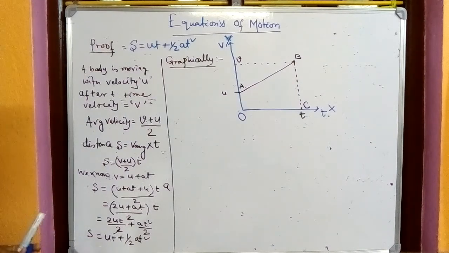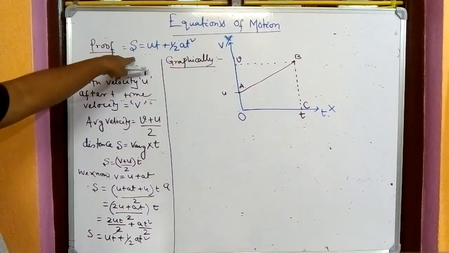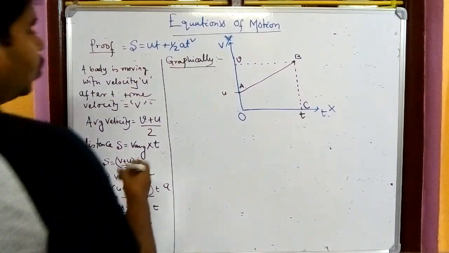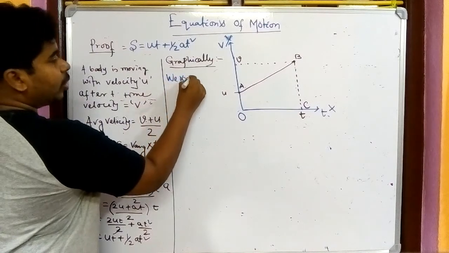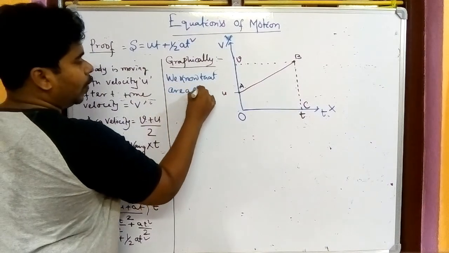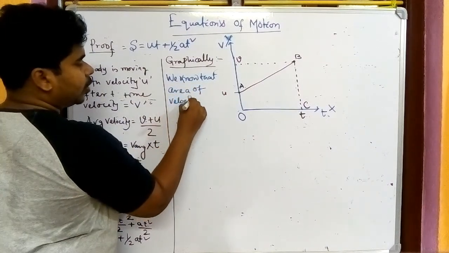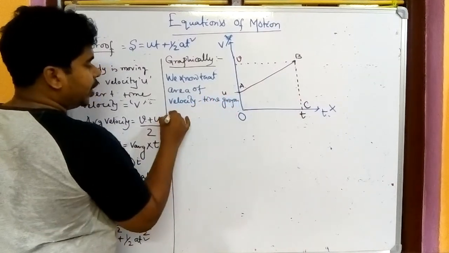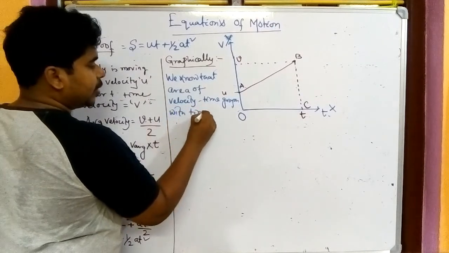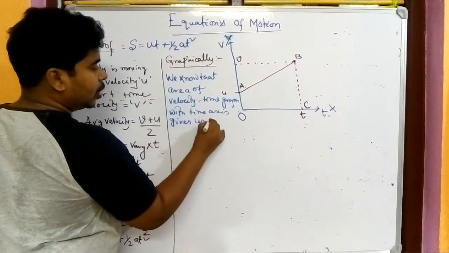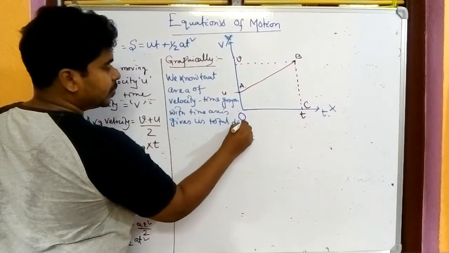Now what we have to do? Now we have to find the total distance, because you see the result. In the result there is acceleration, there is total distance s, and we are not thinking about the slope here. So we know that the area of the velocity time graph with the time axis gives us the total displacement.